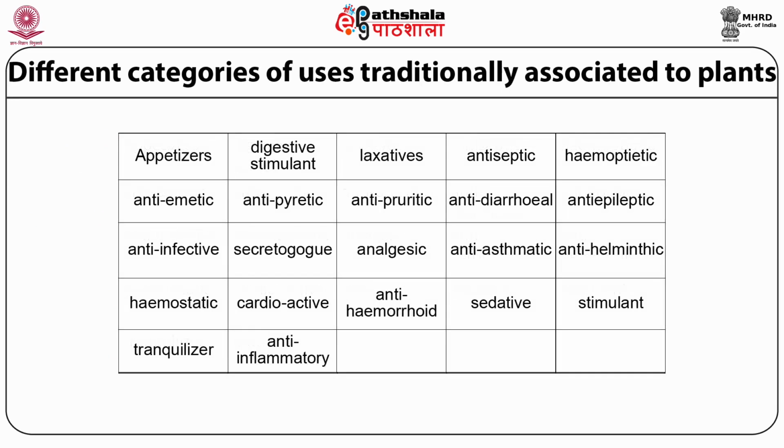This table shows several uses traditionally associated with herbal medicines. This is not an exhaustive list; a few of them have been listed. As we can see in this list, the majority of these uses pertain to the GI tract.